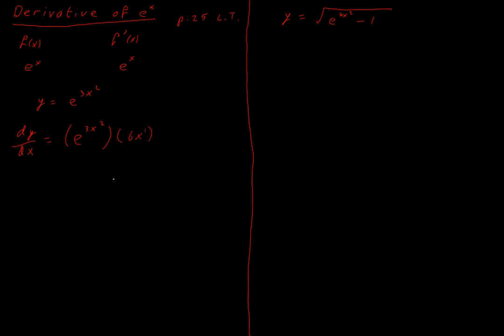The power of 1 if you like. And a little bit of tidying up that we can do there. And that's all we need. That's as much tidying as we can do. And that's all there is to doing our derivative of our exponential function. It's not going to get any more complicated.